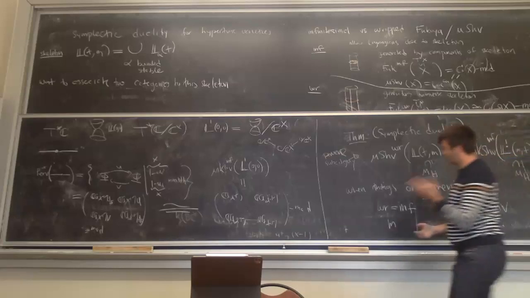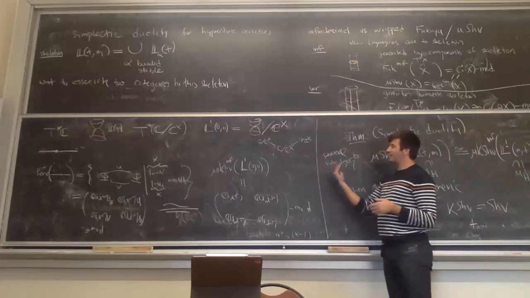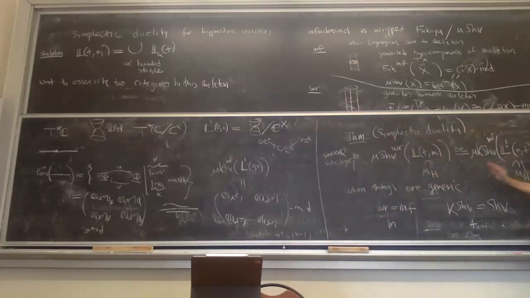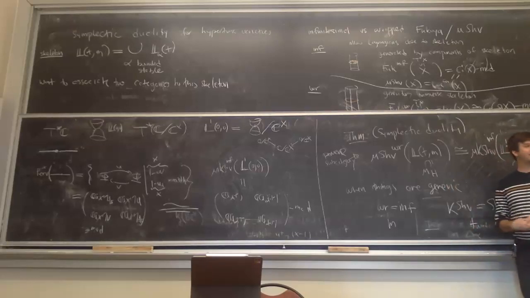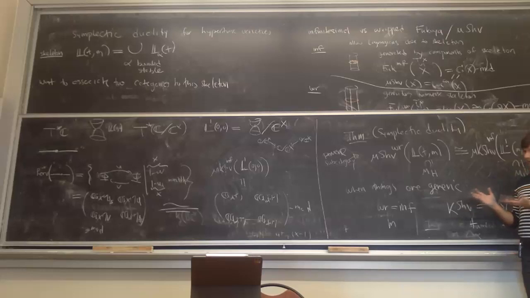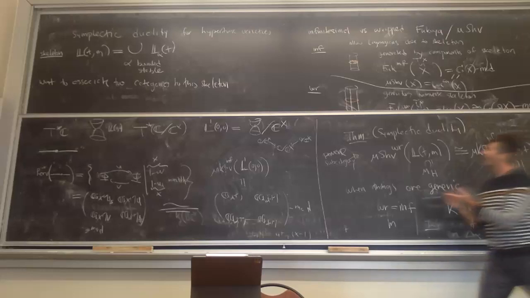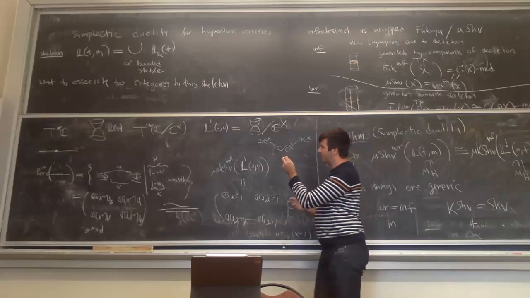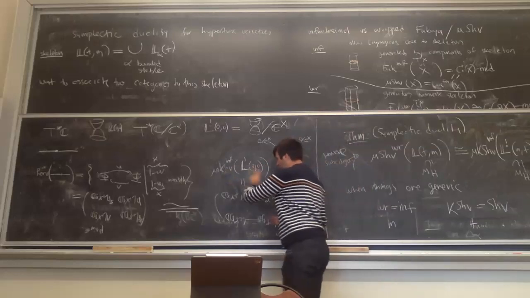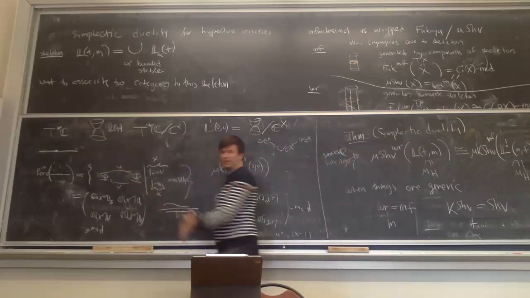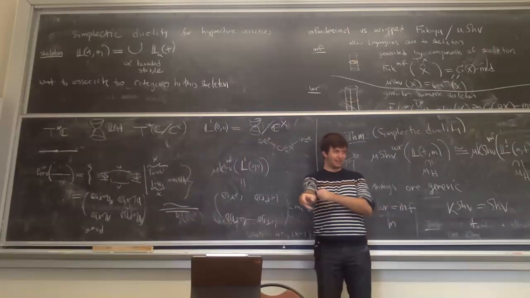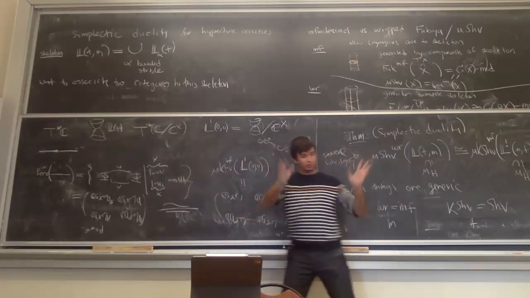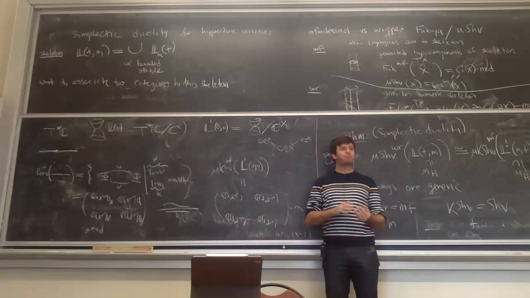So the reason this is very nice is that when you set it up this way, things just fall out in a very easy way. And this is a strategy that Ben Webster used to prove symplectic duality for these hypertoric varieties in the first place, except he didn't want to use these K sheaves, so this side looked really funny, and he had to complete with respect to the monodromy, and it just didn't come out clean.